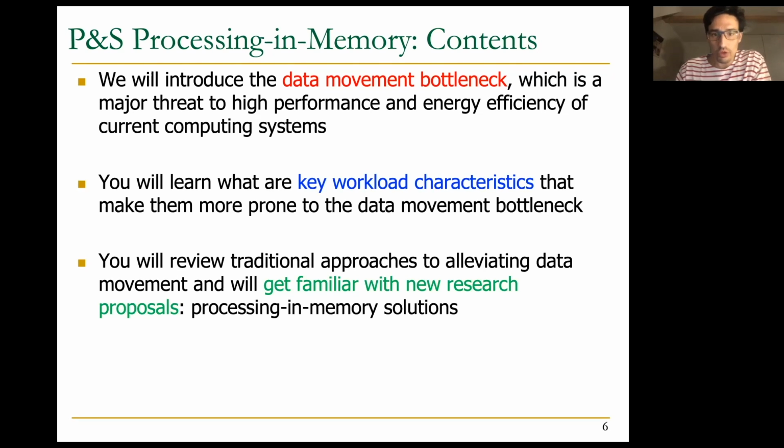You will review traditional approaches to alleviating data movement. So one thing that we are going to keep in mind is how we are dealing with this data movement bottleneck in current computing systems. And if you're familiar with the architecture of a CPU, you know that, for example, CPUs have different levels of cache. The main idea of having a cache is like having a small fridge in your room, right?